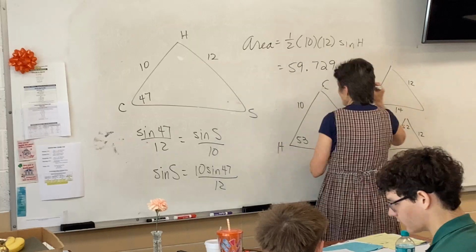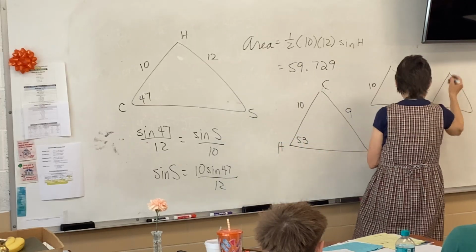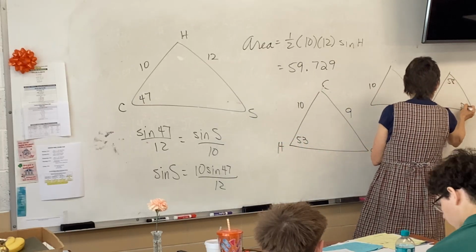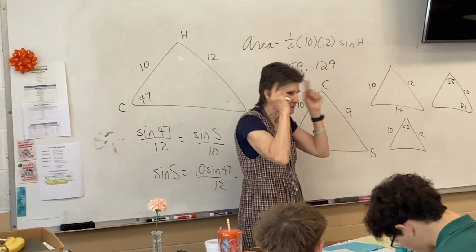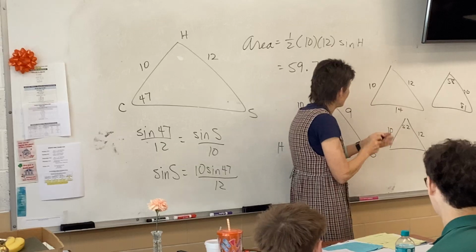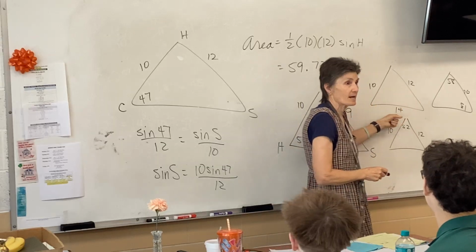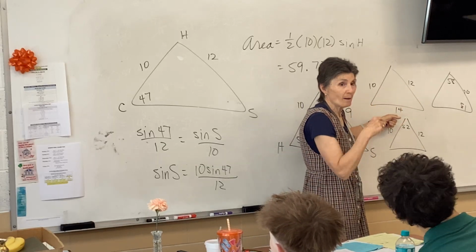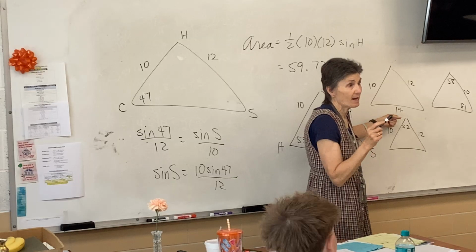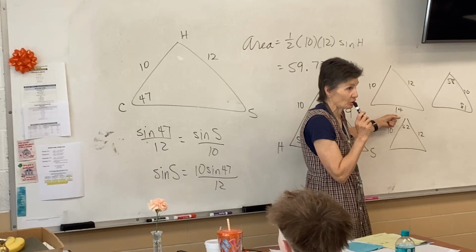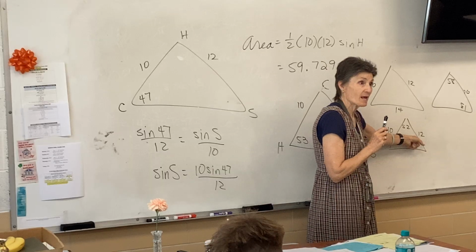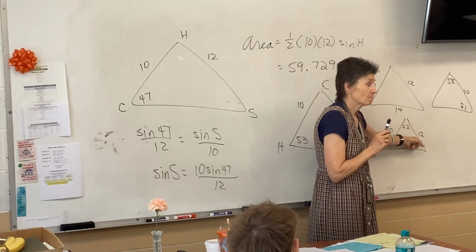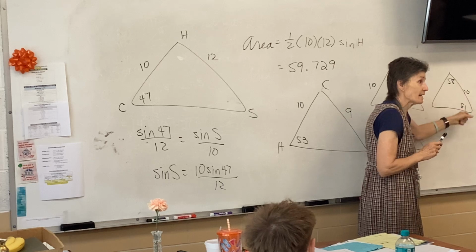This one wasn't a problem. The reason those weren't problems, think back to geometry, this is side, side, side. And in geometry, we know that side, side, side is a congruence postulate. This one is side, angle, side. This one was angle, side, angle.